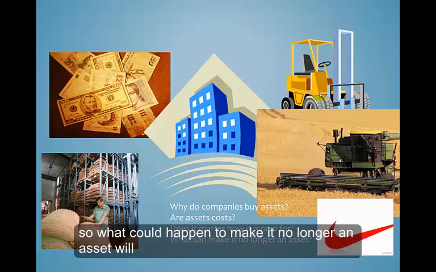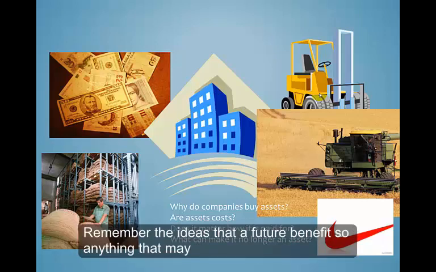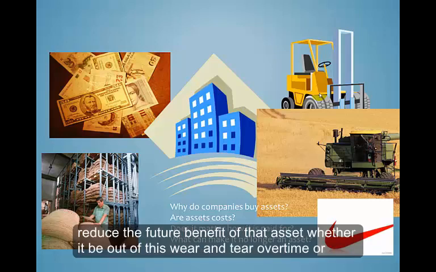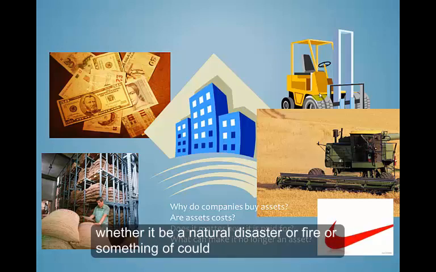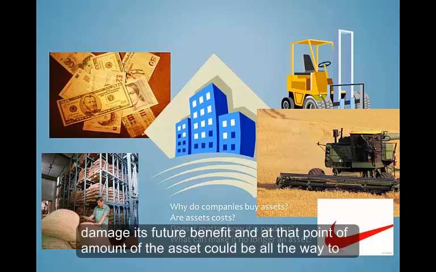So what could happen to make it no longer an asset? Well, remember, the idea is it's a future benefit. So anything that may reduce the future benefit of that asset, whether it be just wear and tear over time, or a natural disaster or a fire or something, could damage its future benefit.